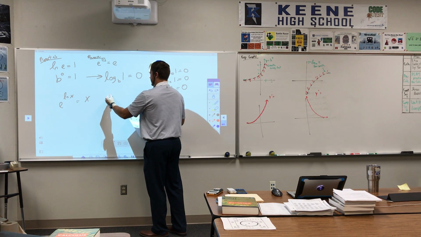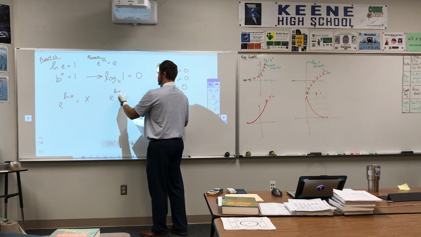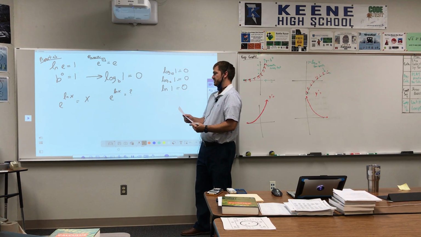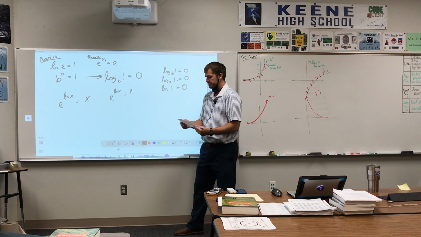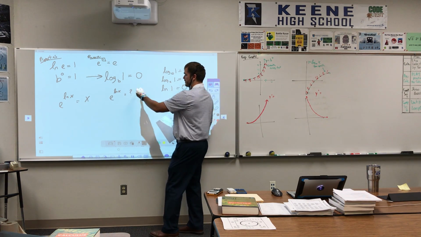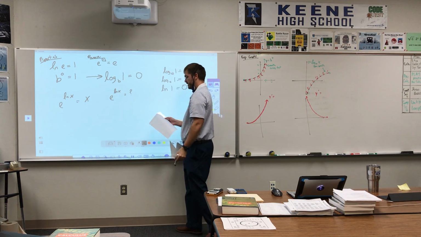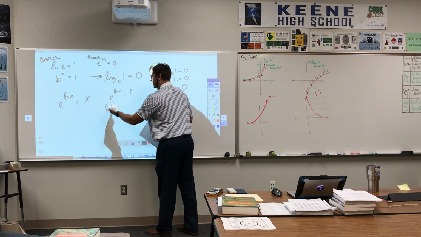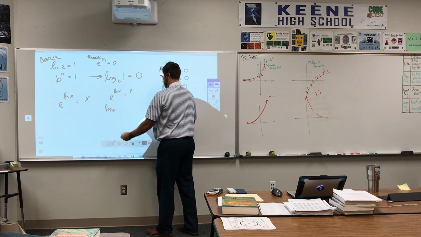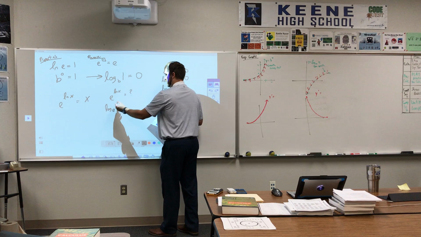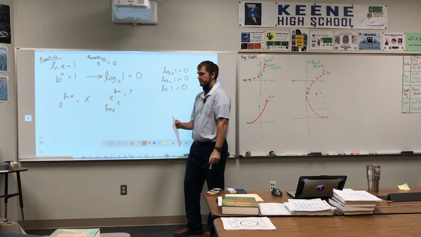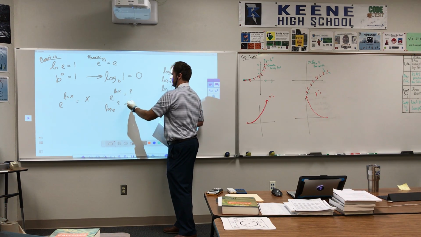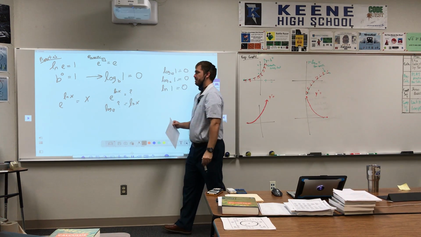So let's assume I have e to the ln x equals some question mark. So let's say we're not sure what it equals. All right? If I were to convert this equation into a logarithmic equation, I would say log base e of question mark equals the exponent, ln x.